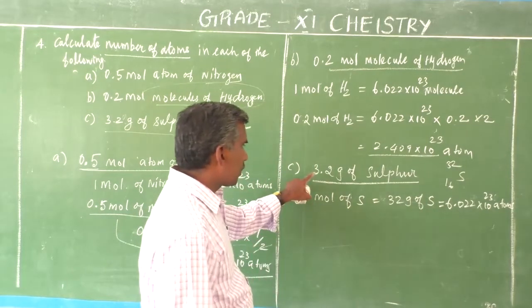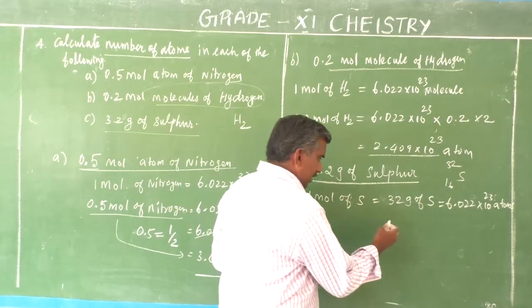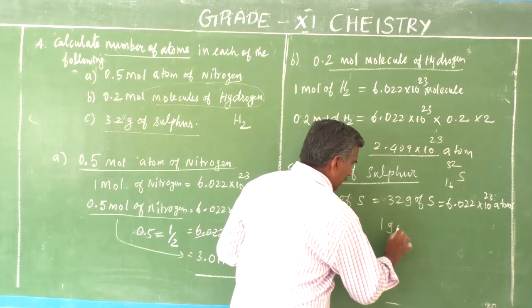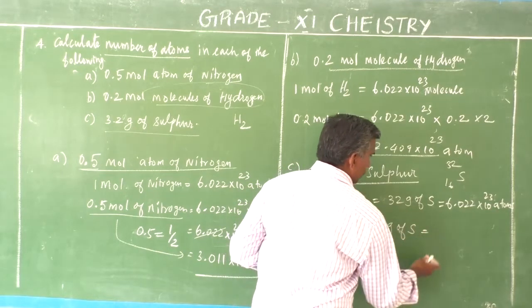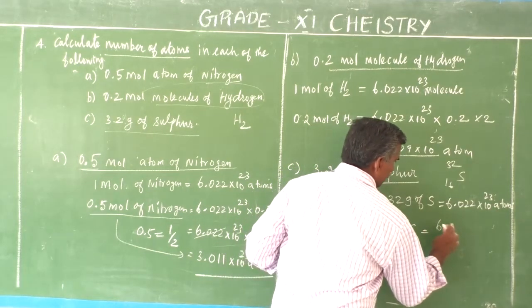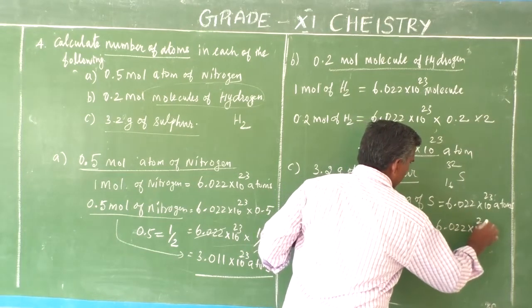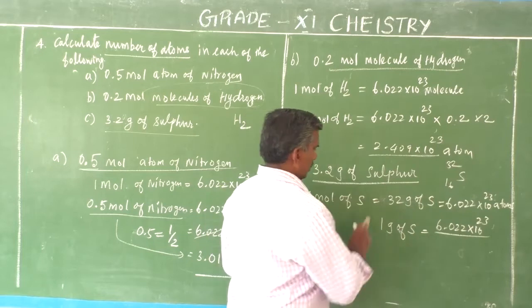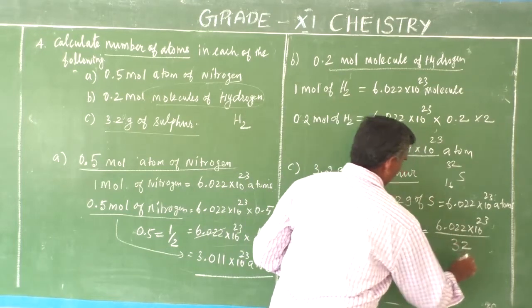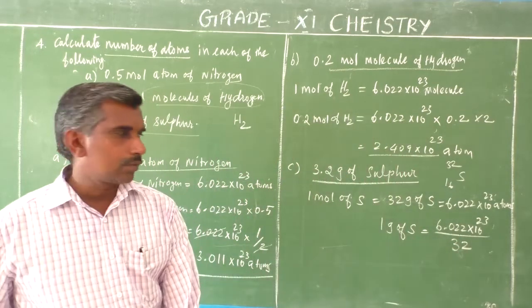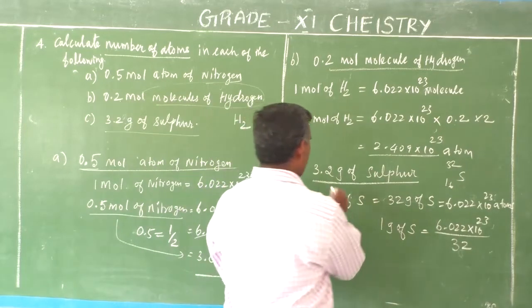Now the question is 3.2 gram. So it is converted into units. 1 gram of sulfur is equal to 6.022 into 10 power 23 divided by 32. Now what is the question? 3.2 gram.